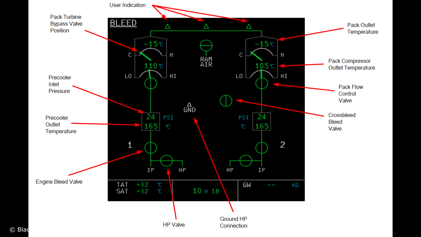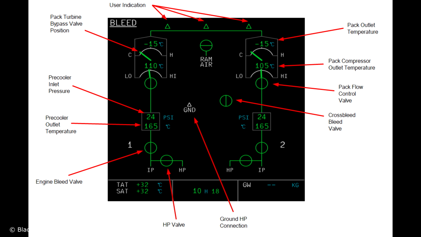Now, just above the IP, you have the indication for the engine bleed valve. And if it's in line, obviously the bleed valve is open and supplying the different users like the wing anti-ice, the pack system, etc. Above the engine bleed valve, you have a so-called pre-cooler outlet temperature indication and the pre-cooler inlet pressure indication.